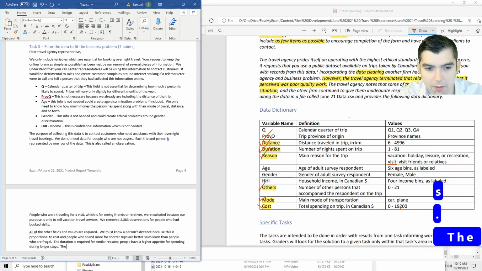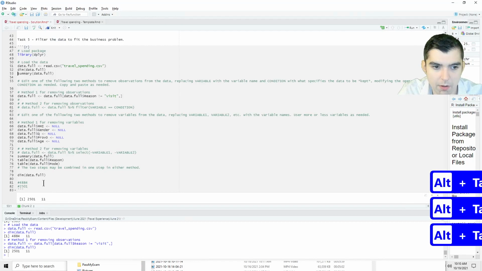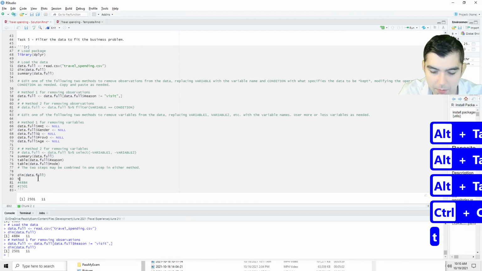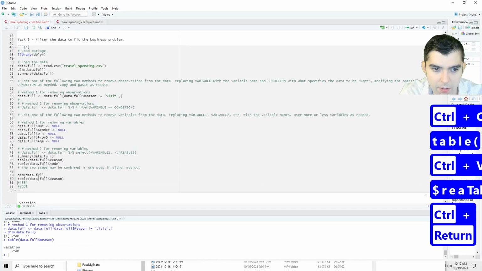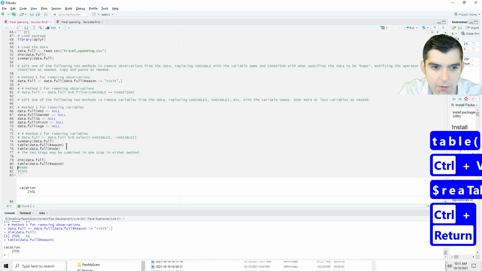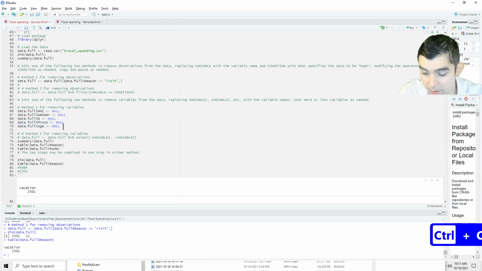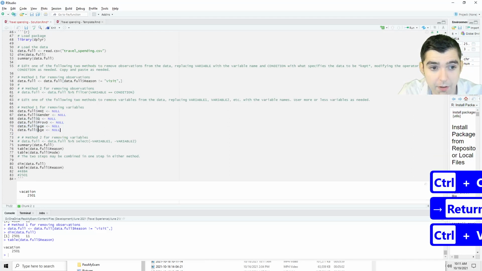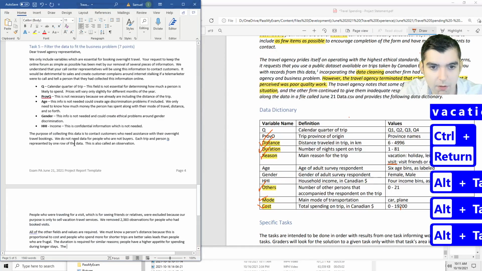The reason, well, actually we don't need to include reason, because if you look at table data full reason, you see that it's only one value. So there's no point in including a zero variance predictor, is what it's called. It actually creates problems in predictive models.